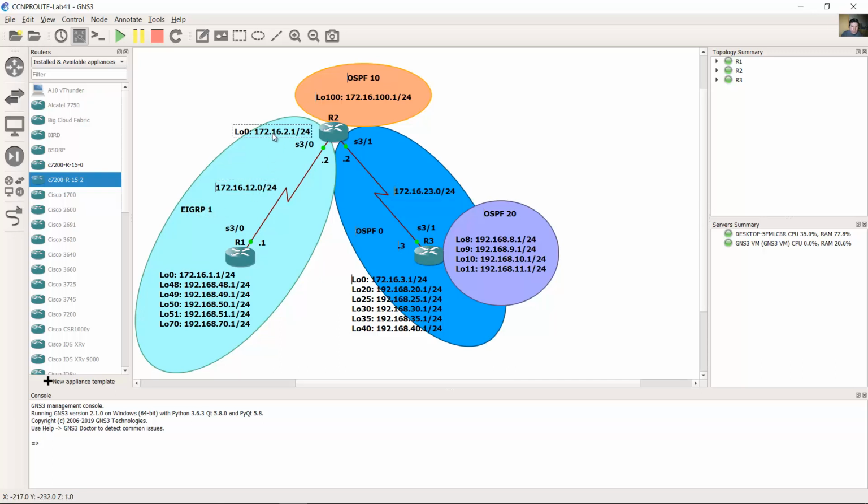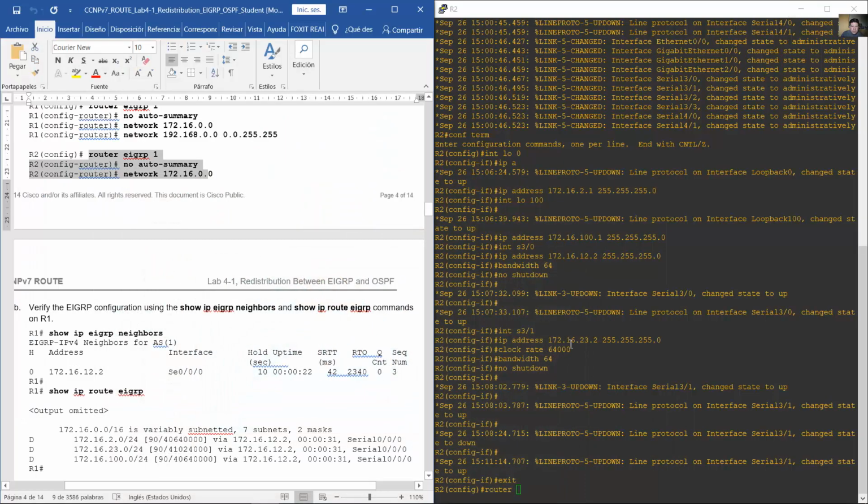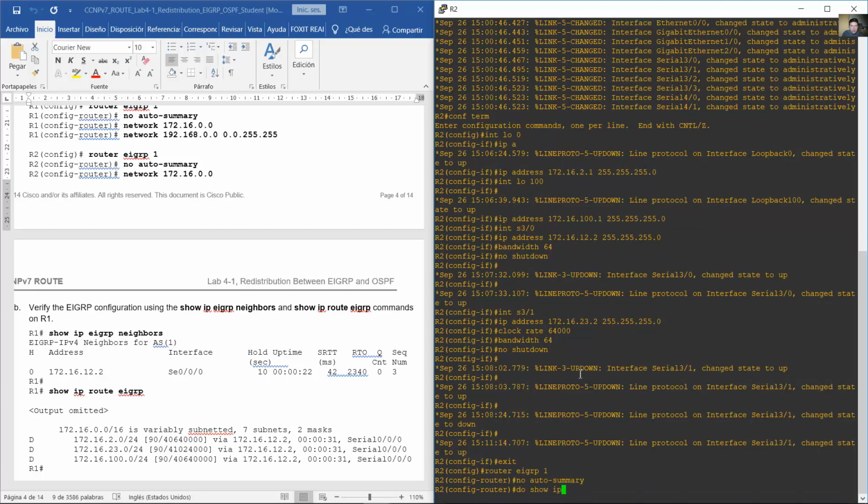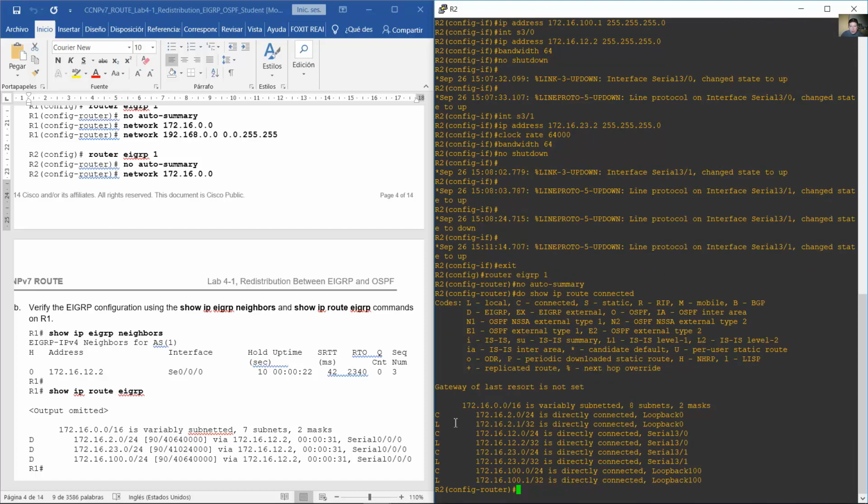Only these two networks, the loopback network and the serial network. Router EIGRP 1, no auto-summary, do show ip route connected. Okay, only the loopback 0 network and serial 0 network.